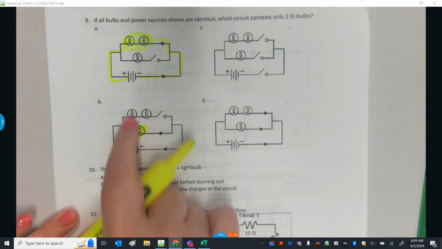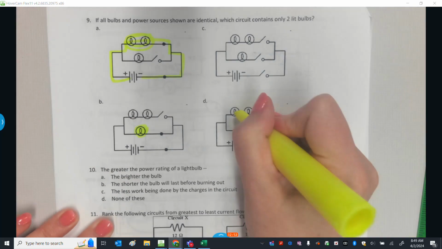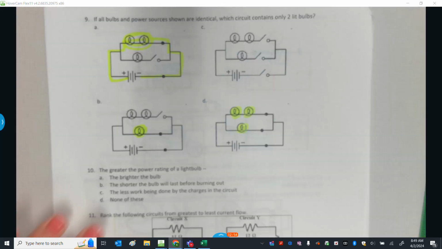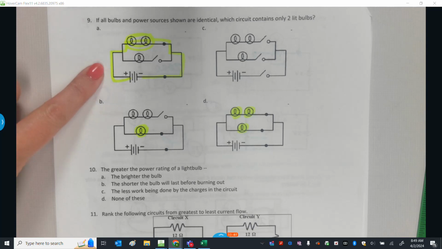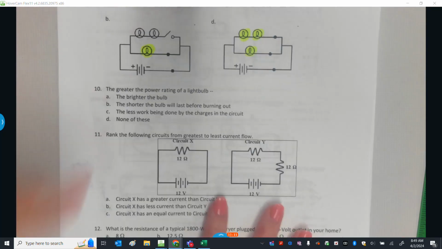Those 2 aren't going to light with that switch open. And this one would have all 3 bulbs lit. And so the only one that lights only 2 bulbs is answer choice A. And like I said, everybody got that one right. So good job with number 9. But just in case, does anybody have a question about this? Okay. Number 10.